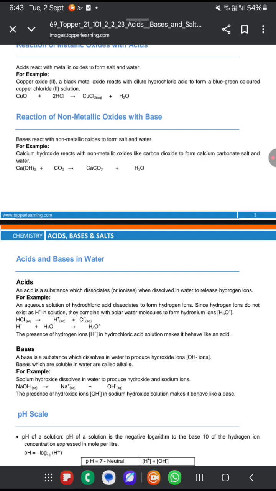For example, sodium hydroxide in water produces hydroxide and sodium ions. NaOH aqueous gives Na+ aqueous plus OH- aqueous. The presence of hydroxide ion OH- in sodium hydroxide solution makes it behave like a base.